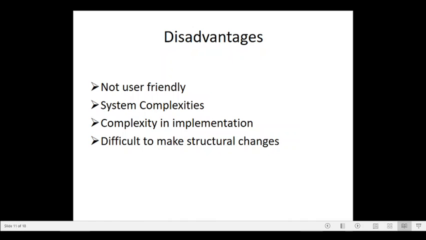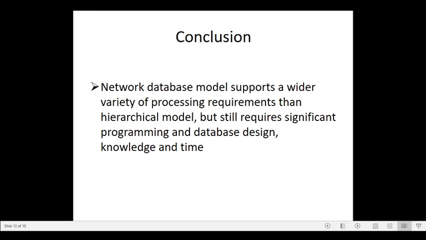Even this model suffers from drawbacks. Thus, we can conclude that the network database model supports a wider variety of processing requirements when compared to the hierarchical model, but still it requires significant programming and database design knowledge and time. Meaning to say, this is not the superior and ultimate model to be followed.